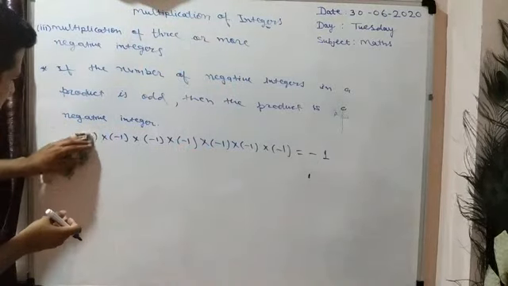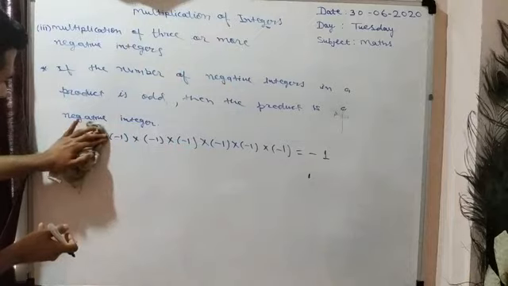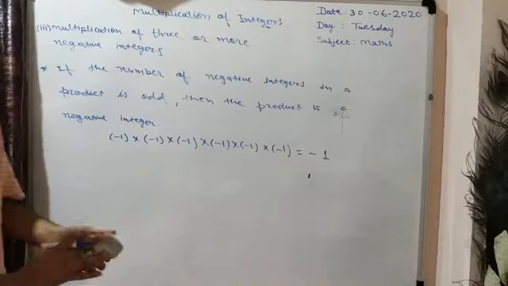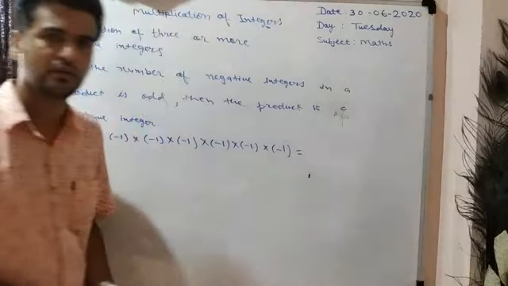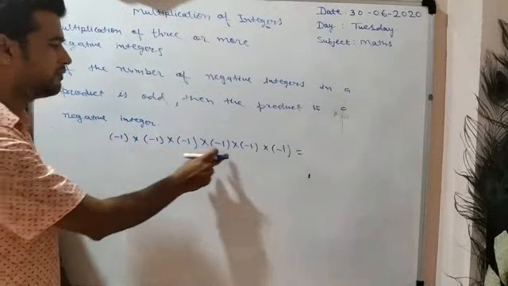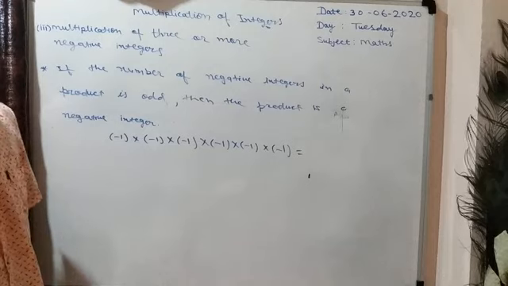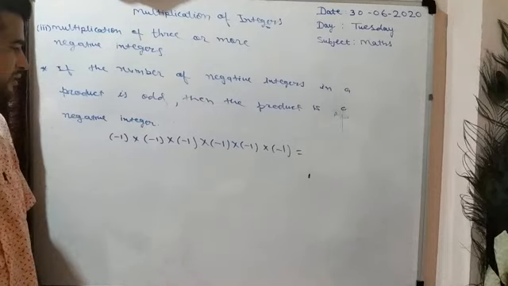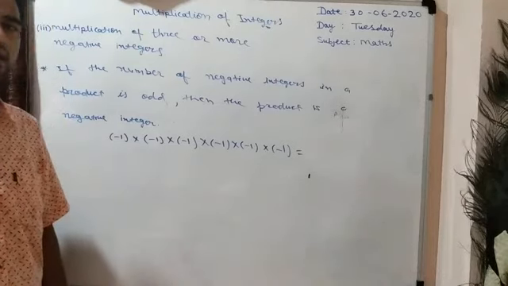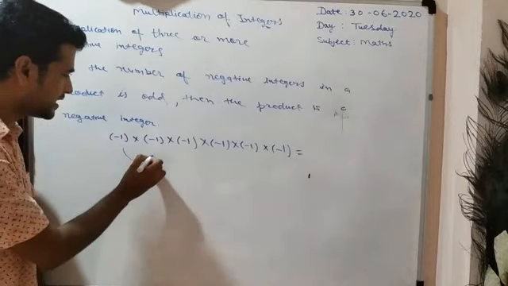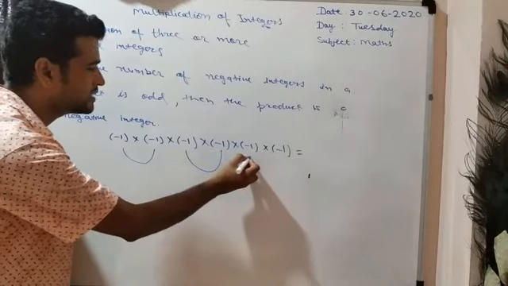If we remove this negative sign, then what will be the result? Now check: 1, 2, 3, 4, 5, 6. 6 negative integers, and 6 is an even number, so these minus and minus will become plus, minus minus plus and minus minus plus.